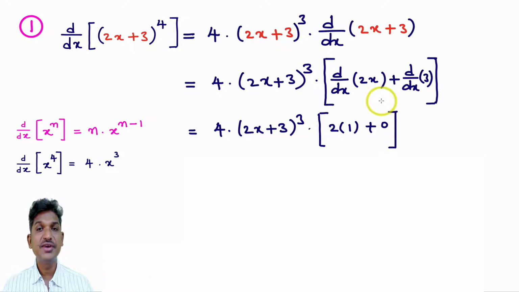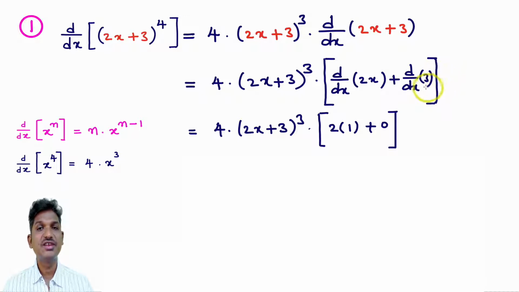What is the derivative of x? In the last class also I said I am going to use this very frequently. Every time I don't use the derivative of x power n formula. The derivative of x is 1. You better memorize this. Here, for the derivative of 2x, 2 is a constant, take it outside, and the derivative of x is 1. Plus derivative of 3.